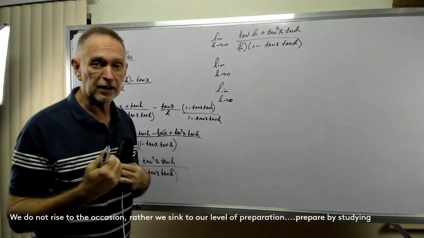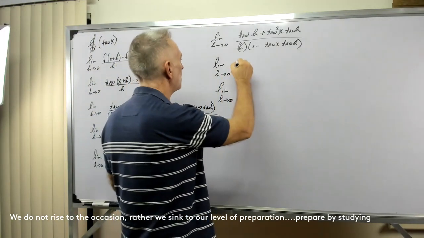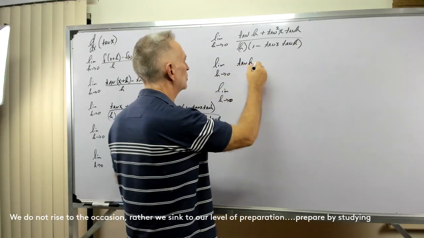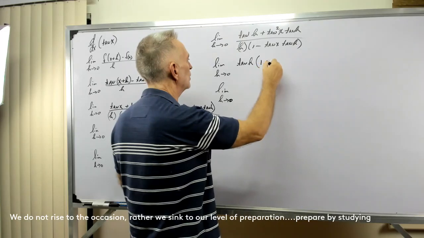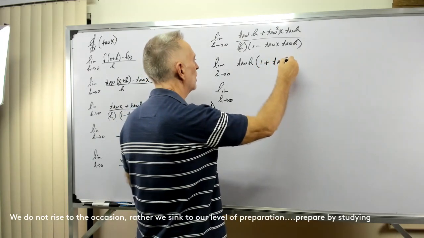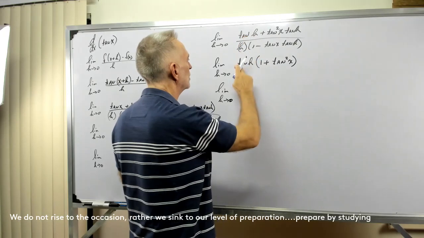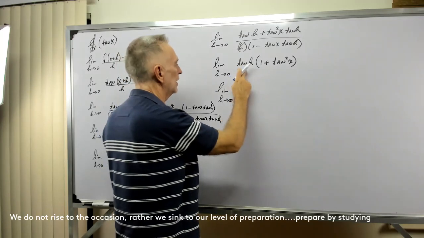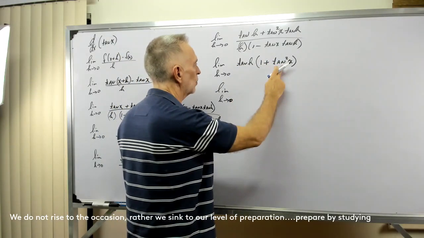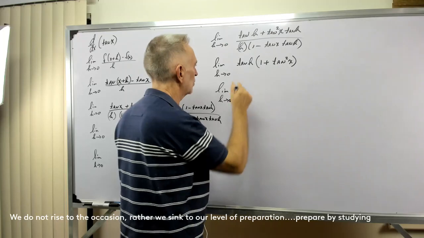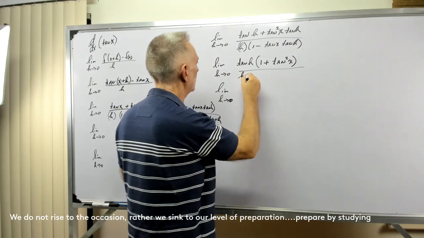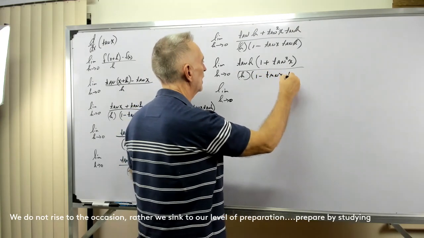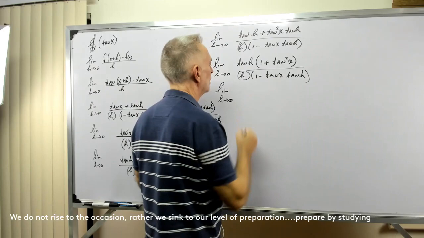I could just factor one of those out. So let's do that. I have the limit as h approaches 0 of tangent h times 1 plus tangent squared x. Okay, so if I multiply tangent h times 1, I get this term. Tangent h times tangent squared x, I get that term. Okay, so we're good there. Divided by h times 1 minus tangent x tangent h.